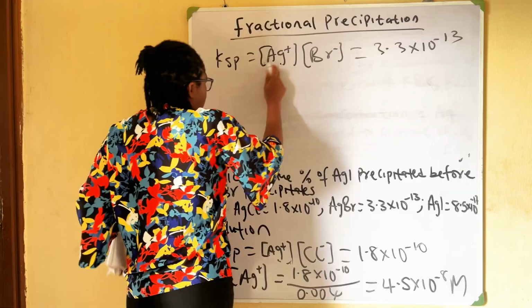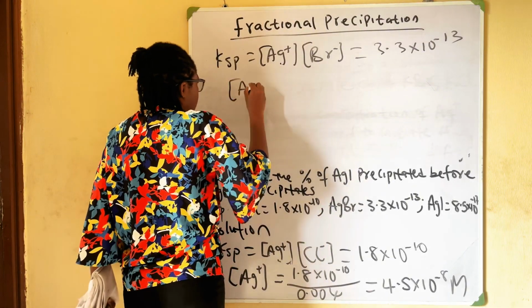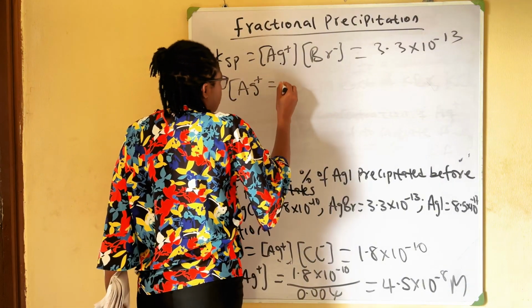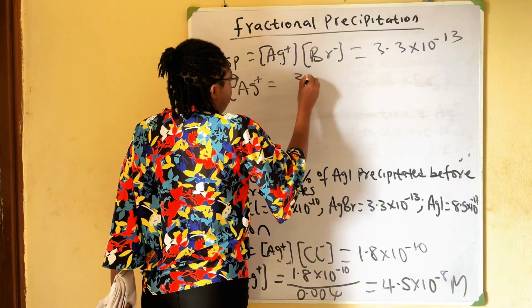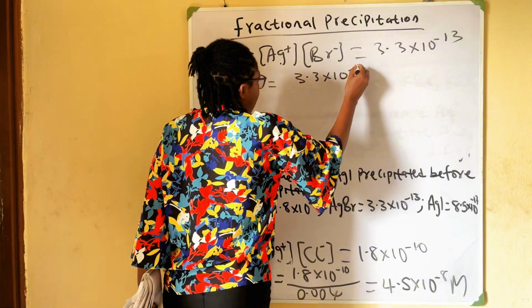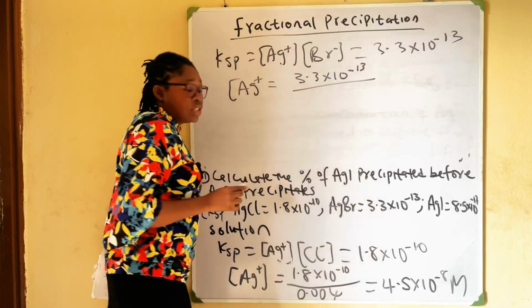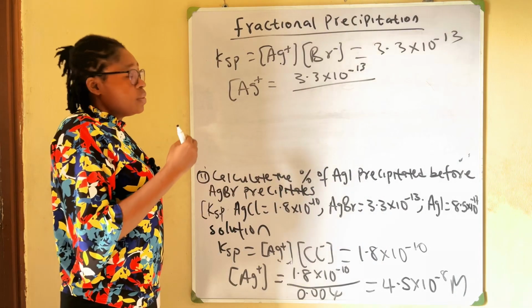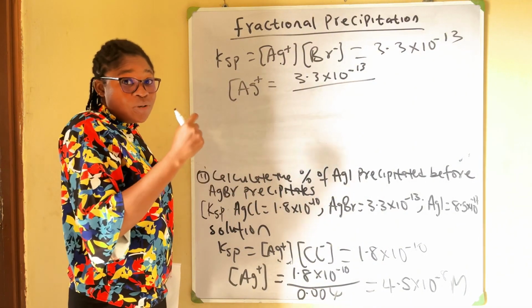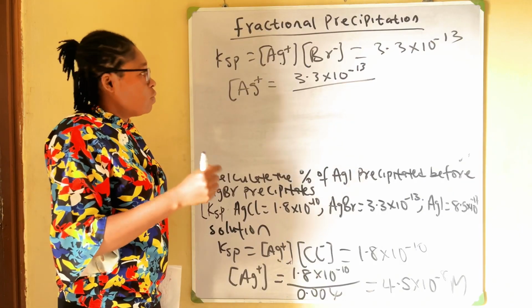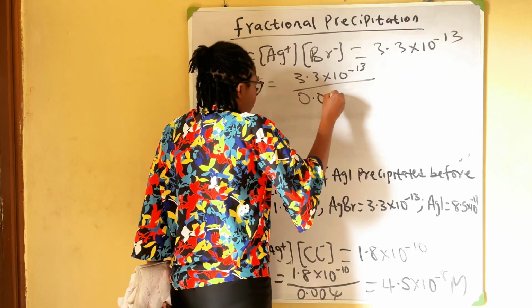So we're going to make this one a sort of formula: 3.3 times 10 raised to the power minus 13 divided by the concentration of potassium bromide, that's 0.04.